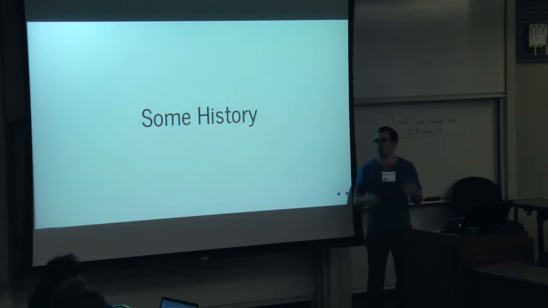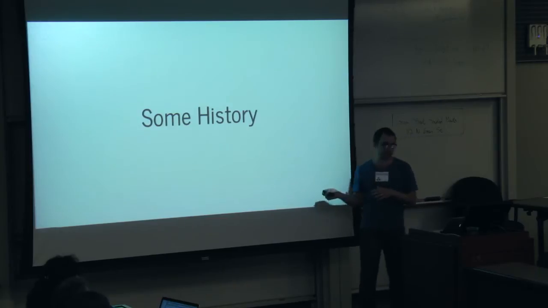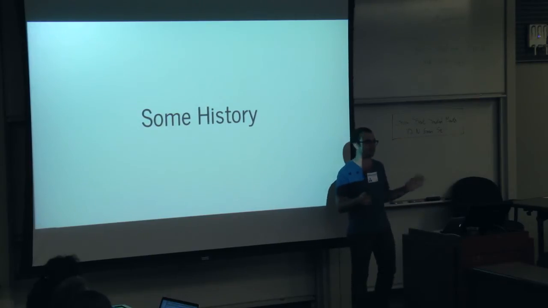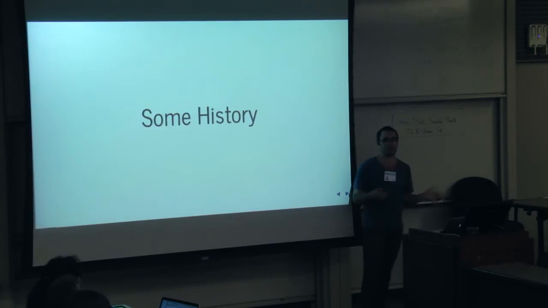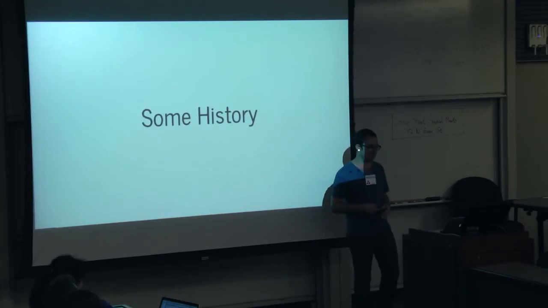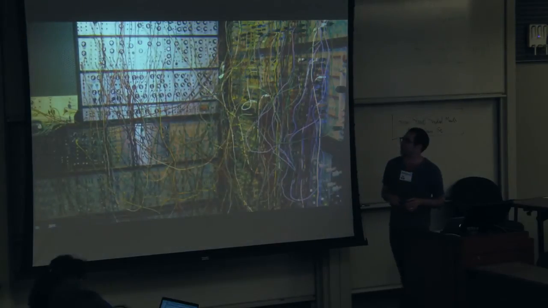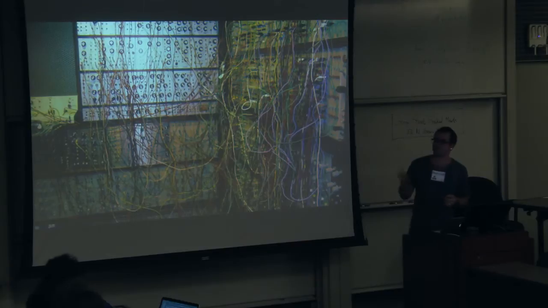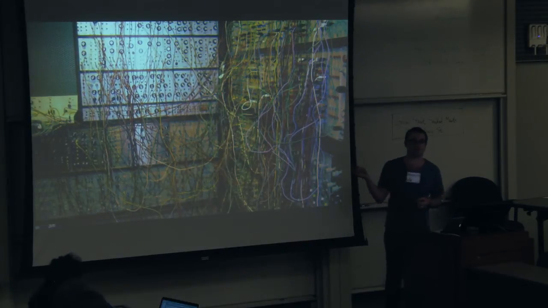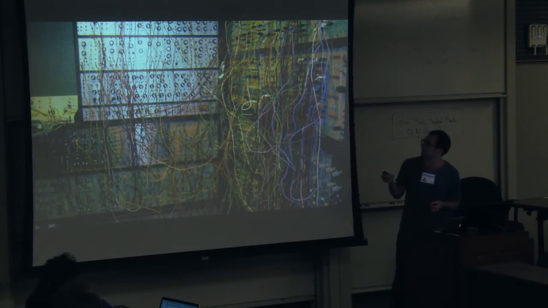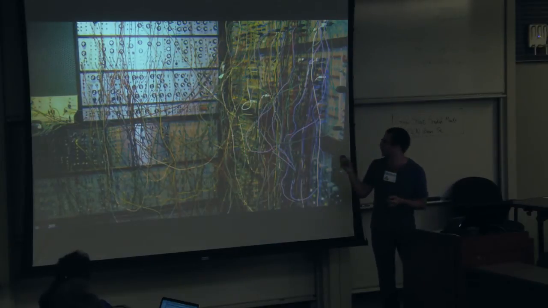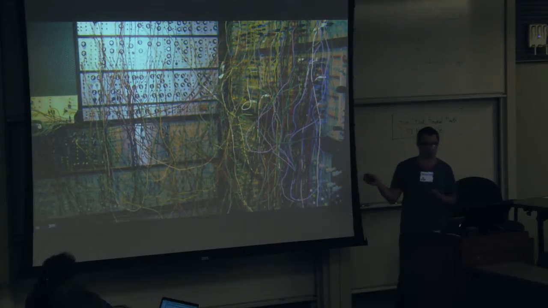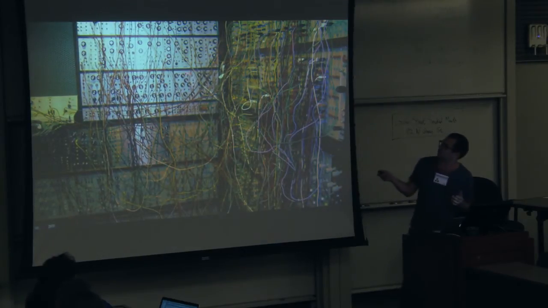Before I talk about AudioIO in particular, I want to go into some background that informs some of the architecture, and then I'll go into some of the design decisions. So this is a modular synthesizer. It actually belongs to my PI. He built it. The way a modular synthesizer works is you have all these different modules.